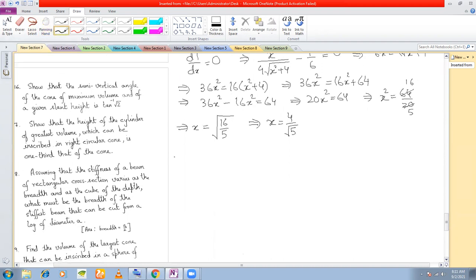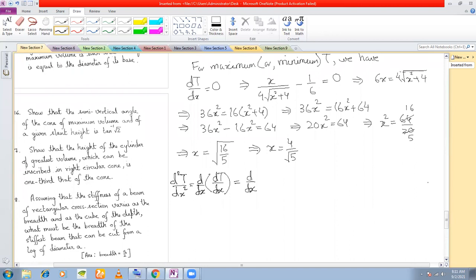Now second derivative has to be found with a little bit of patience. d2t/dx2 is equal to d/dx of dt/dx, is equal to d/dx of, and if you see above, dt/dx is x by 4 root x square plus 4 minus 1 by 6. This was dt/dx that we had found out.